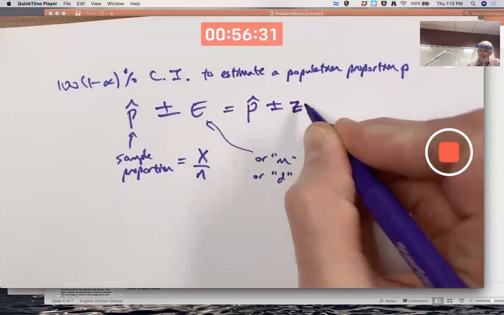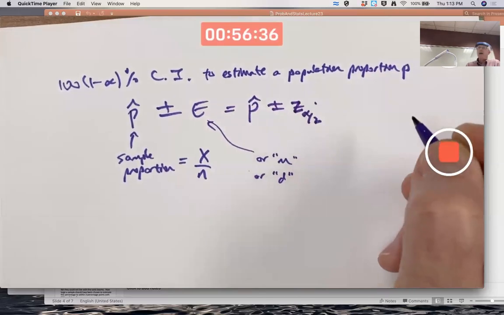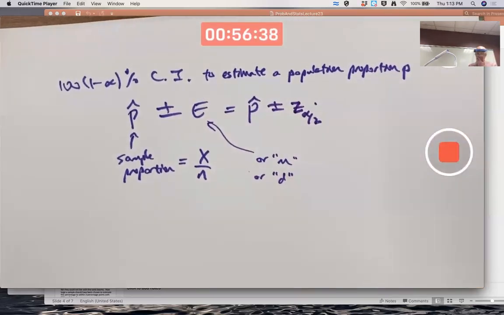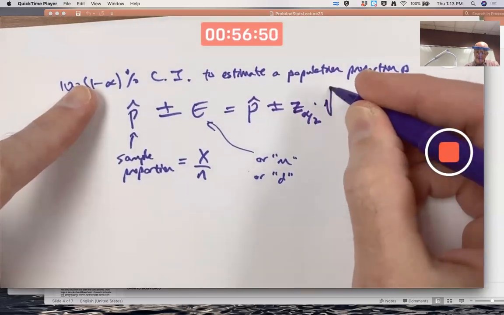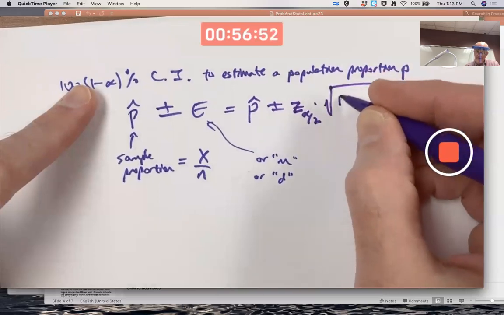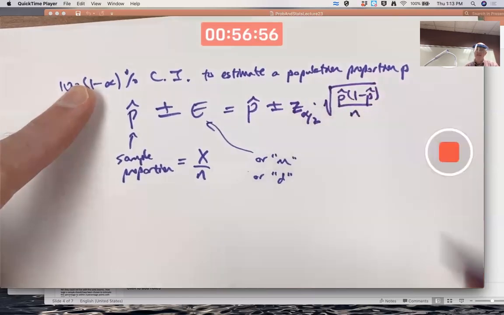It's a special Z value, Z sub alpha over 2, times the standard deviation of something you could call a sampling distribution. Not a sampling distribution for X bar, but a sampling distribution for P hat. And that turns out to equal the square root of p hat times (1 minus p hat) over n.